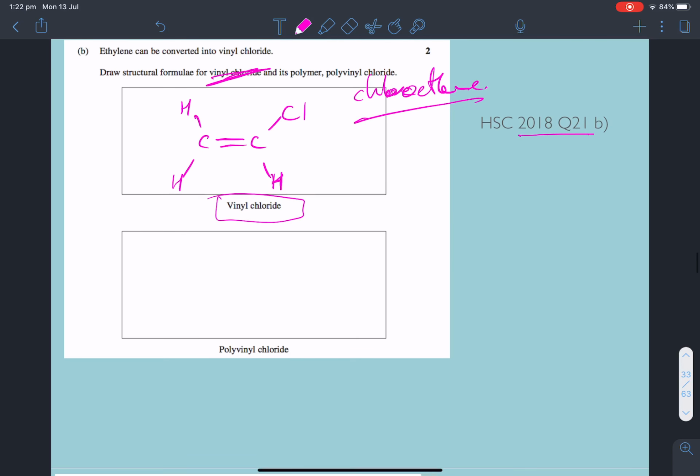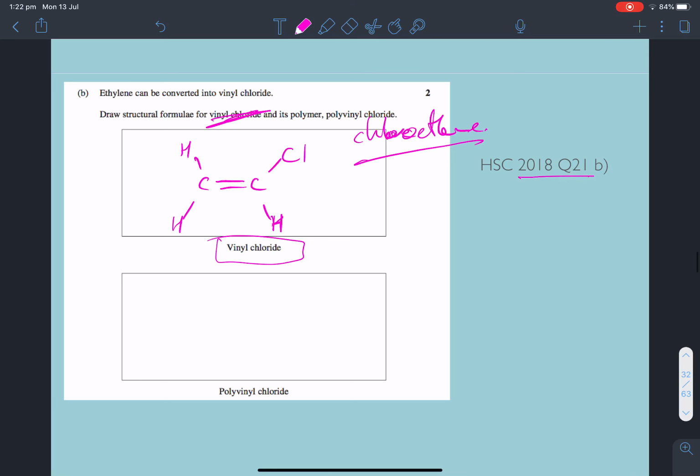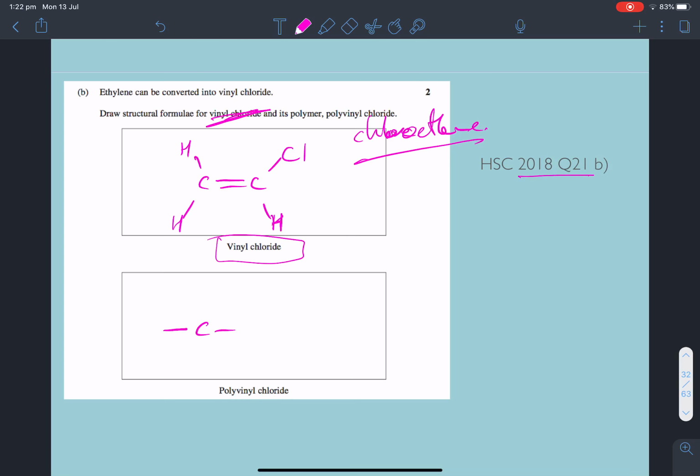So polyvinyl chloride, okay, square brackets, square brackets. What's it going to form? Well, the double bond's gone down to a single on the left-hand side. The hydrogens haven't reacted, and the chlorine and the hydrogen haven't reacted. N, okay, to show it's an ongoing one, and those ones going on.